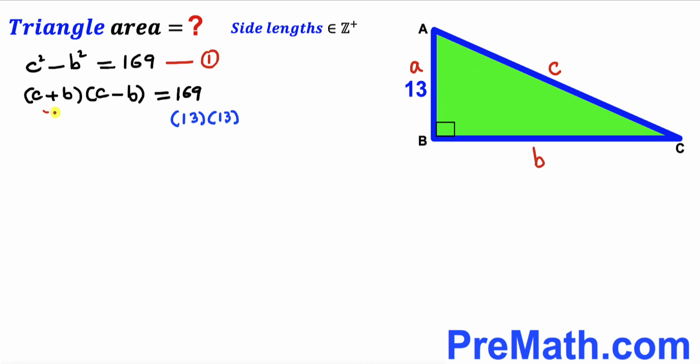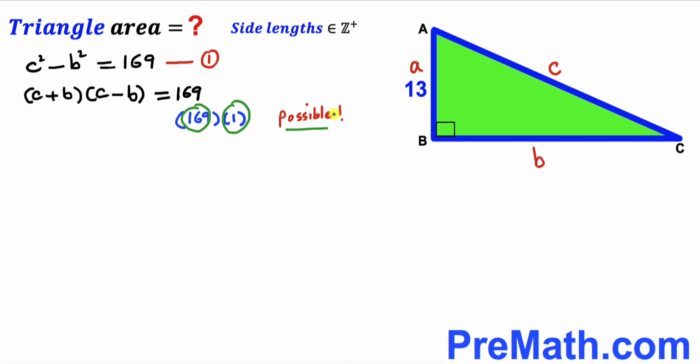On the left hand side, we know that c plus b is bigger than c minus b, so this scenario is not feasible since these numbers are equal. So the other possibility is 169 times 1, and we can see that 169 times 1 is going to be perfectly alright with us.